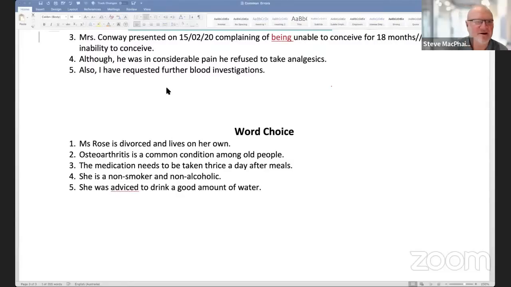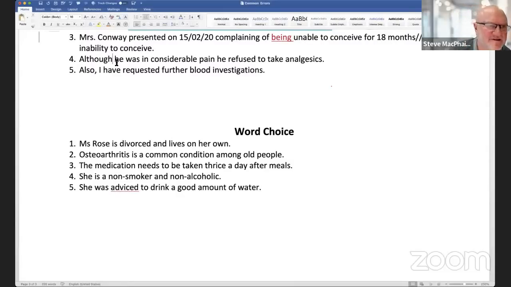Yes, comma placement. Thank you, Jaxie. Comma in the wrong place. Although he was in considerable pain, he refused to take analgesics. So do not put a comma after although. Although is a subordinating conjunction. It's different to however, therefore, has a different rule. So for this one, it's used to join a dependent clause, which is attached to an independent clause.